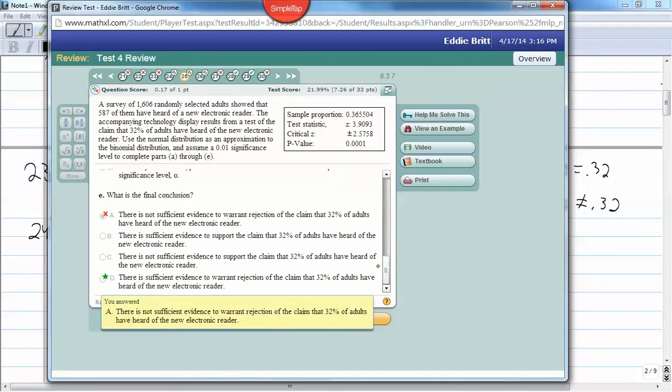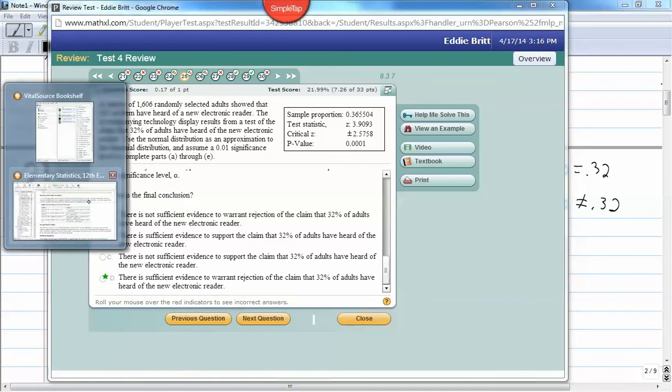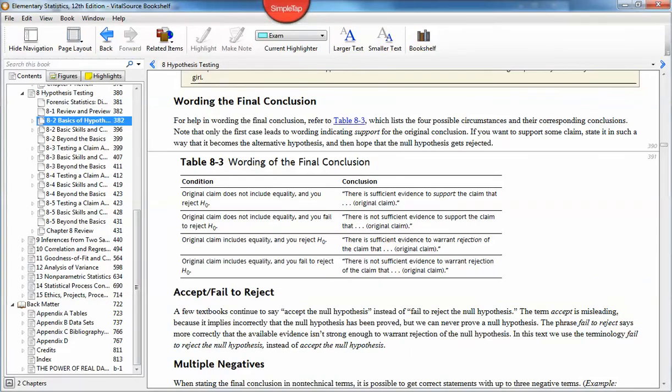Alright, so let's see if we can word this right. So what did we do? We rejected the null hypothesis. Was that the original claim? Yes, it was. Remember, it was P equals. So the original claim included equality and we rejected it.